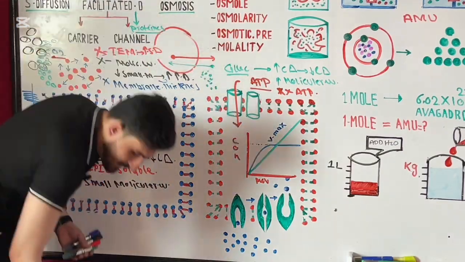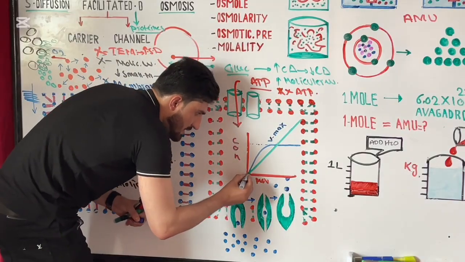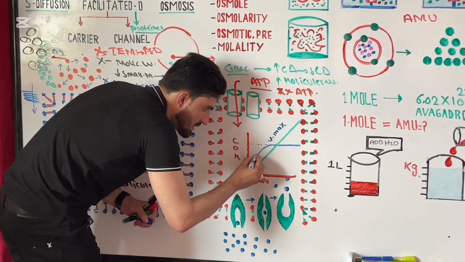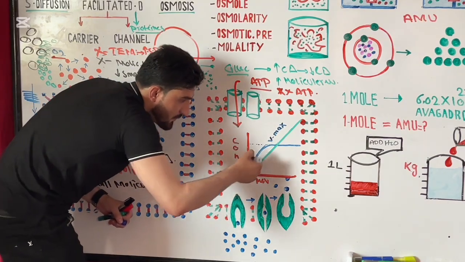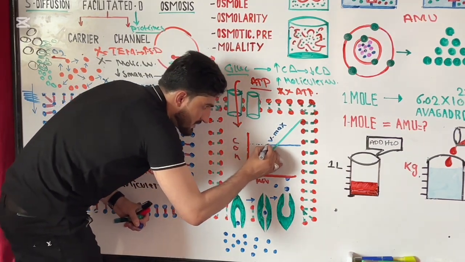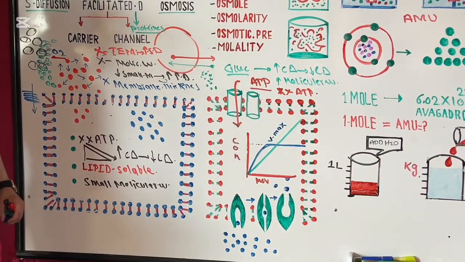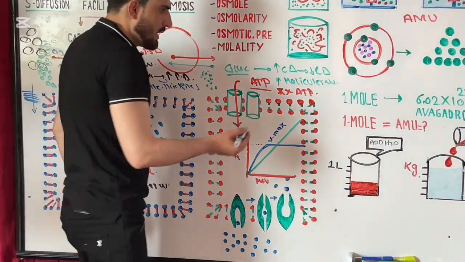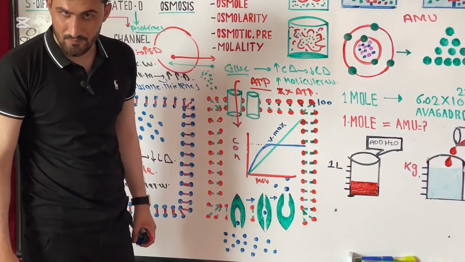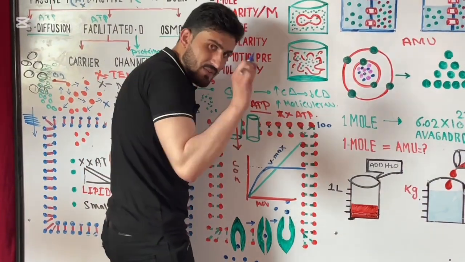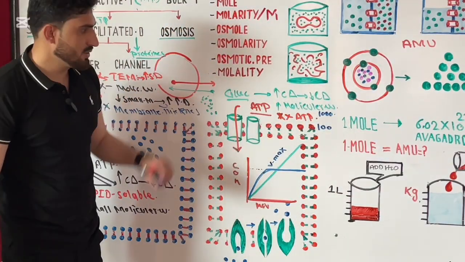But in facilitated diffusion, when concentration increases, up to some point diffusion also increases, but after some time the graph will be flat. Why? Because, for example, I have 100 protein channels here, okay. And in this same millisecond, I have 1000 molecules outside of the cell.